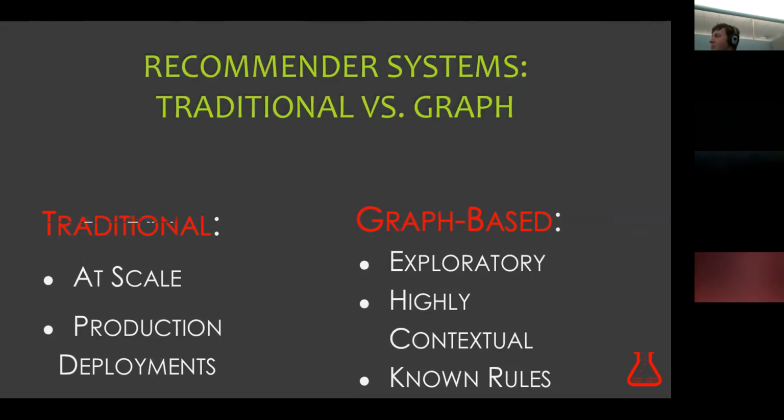With a graph database, you can create a recommender system to really explore the data and to dig out some of the rules and relationships between the different nodes. And so with a graph, you can really do a good job with subsetting the graph and get localized recommendations or context-based recommendations. But if you're going to deploy it into production, you will want to do it with a traditional recommender system, because extracting the information, which is the recommendation, will be a lot faster with a relational database as opposed to with a graph, where the traversals are fast, but extracting the data is a bit slower.